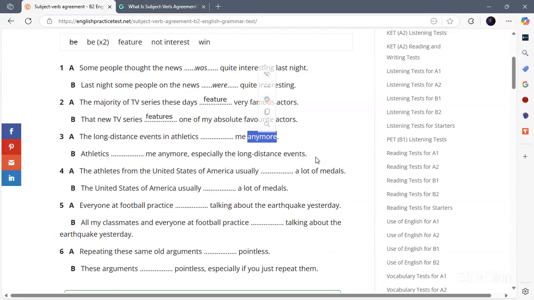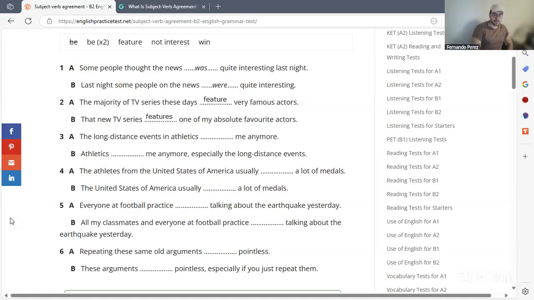So the long distance events in athletics not interest. Okay. Well, you selected the right verb, but now you are forgetting the use of negatives. No, no, no. You are forgetting the use of negative verbs. Negative verbs need an auxiliary. Are not. Very close.